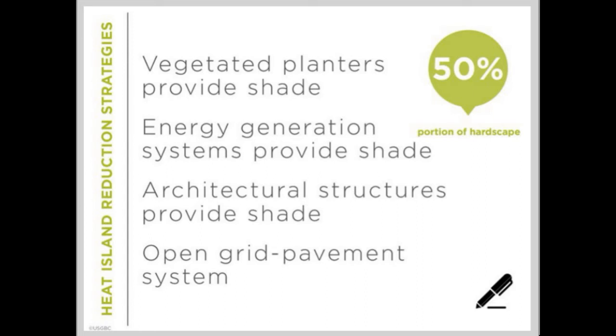Projects may also shade with structures covered by energy-generating systems, such as solar thermal collectors, photovoltaics, and wind turbines. Architectural devices or structures that have a 3-year aged solar reflectance value of at least 0.28 may also be used for shading. Using paving materials with a 3-year aged solar reflectance value of at least 0.28 will also help meet the credit requirements.